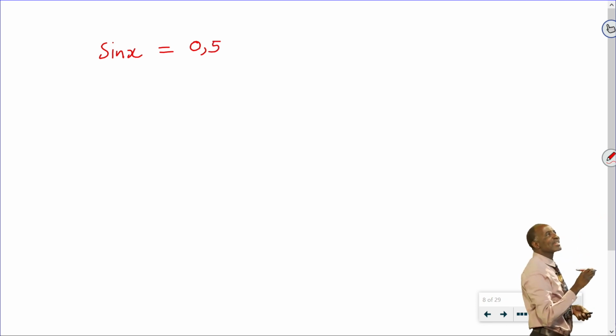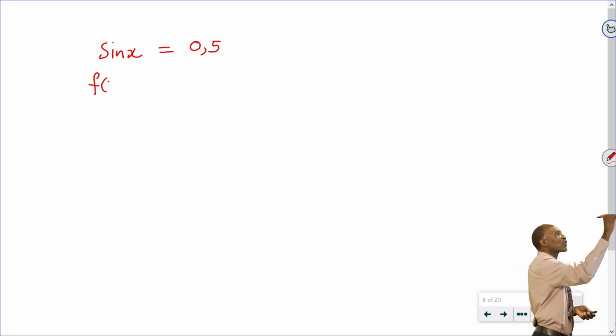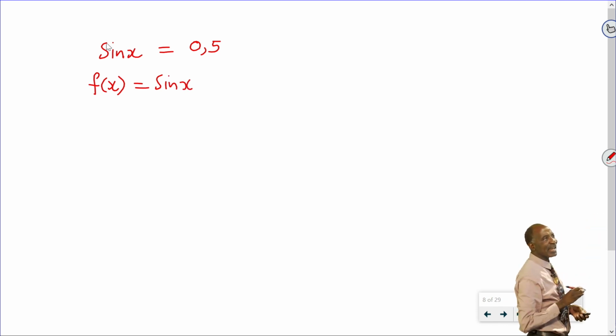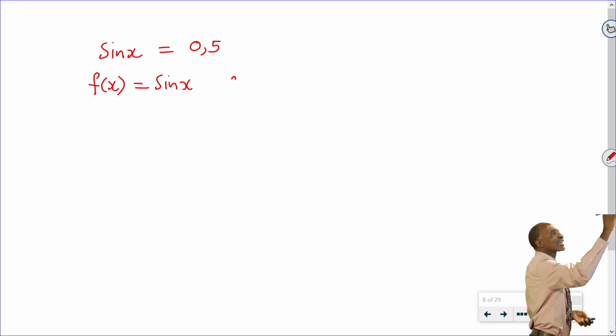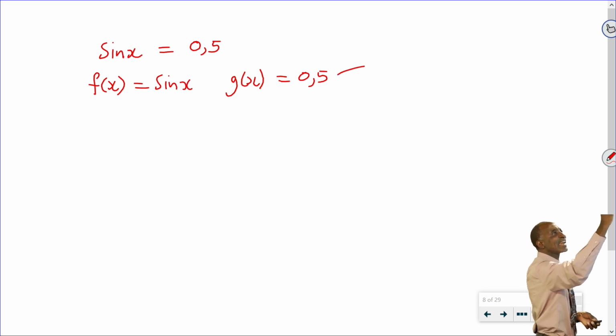This indirectly means that we have got two functions that are equated. We have got probably f of x is equal to sine x, which can be sketched on a Cartesian plane, and then the other graph is g of x equals 0,5, which is a straight line graph.